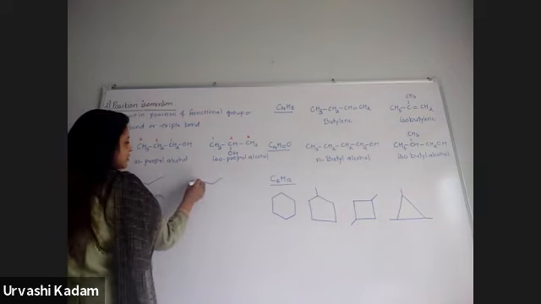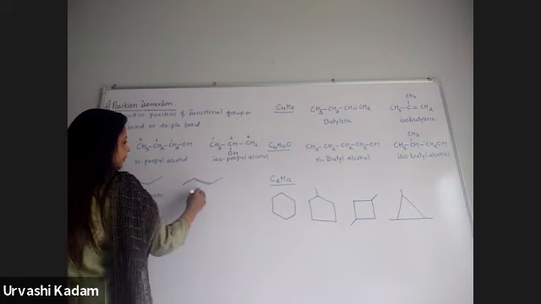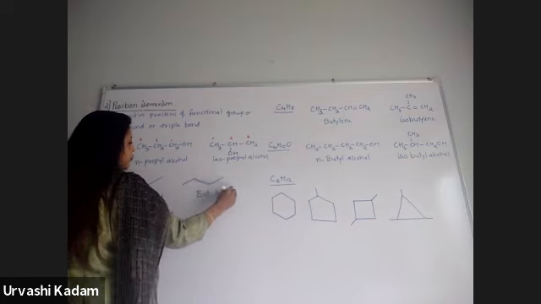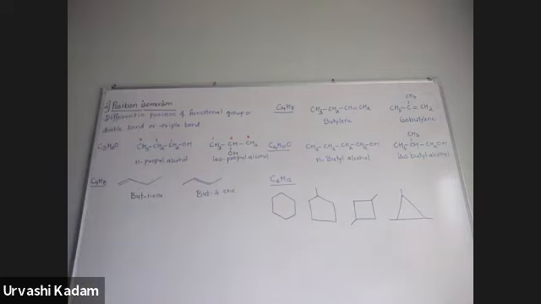And this is but-2-ene, where position of double bond is on carbon number 2. And these two are position isomers of each other.